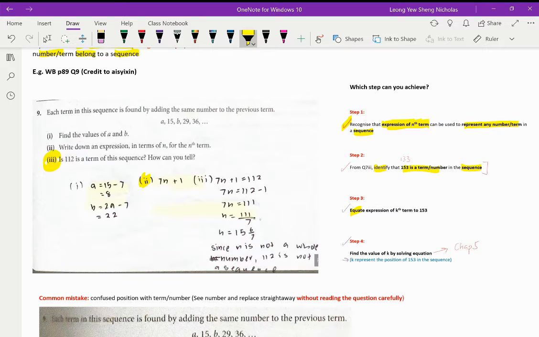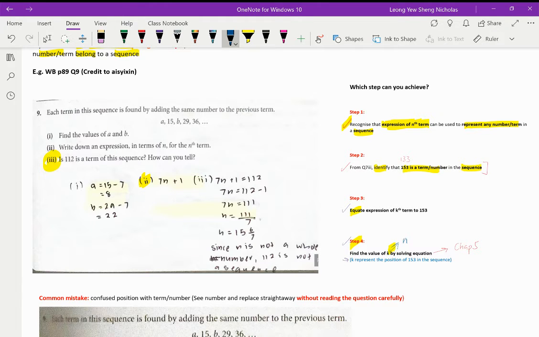If it belongs, we should be able to find a value of n that is a whole number. It should be n, because we are using the expression of the nth term.